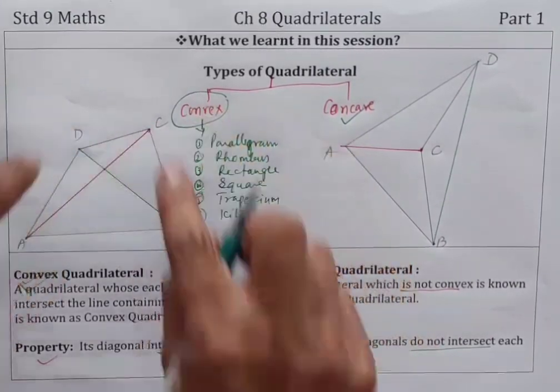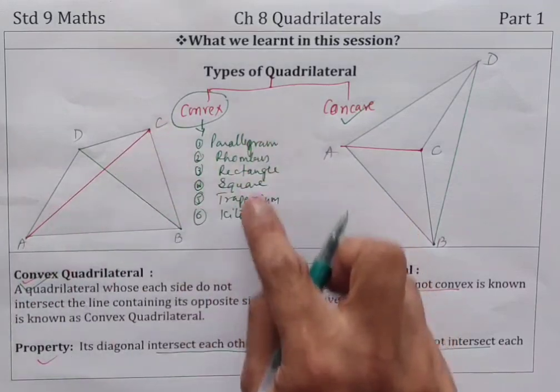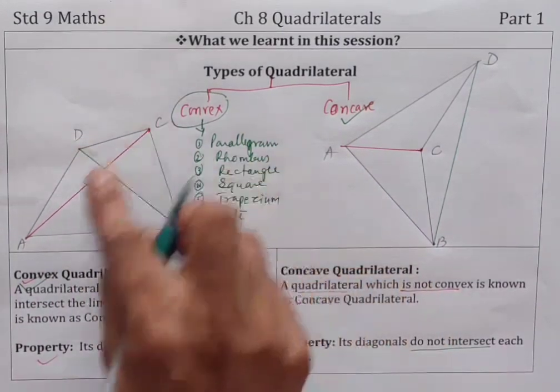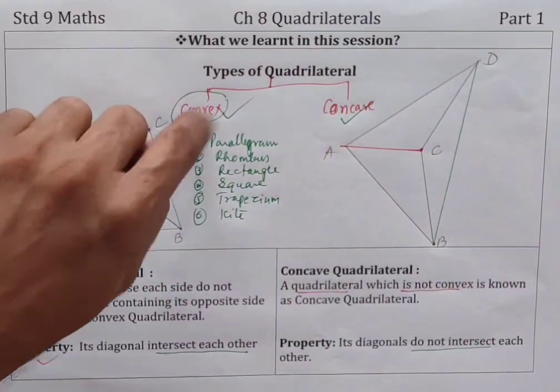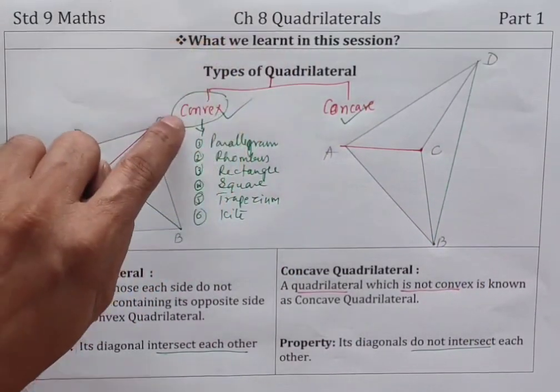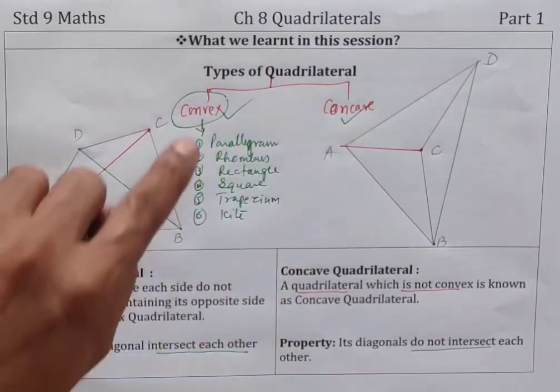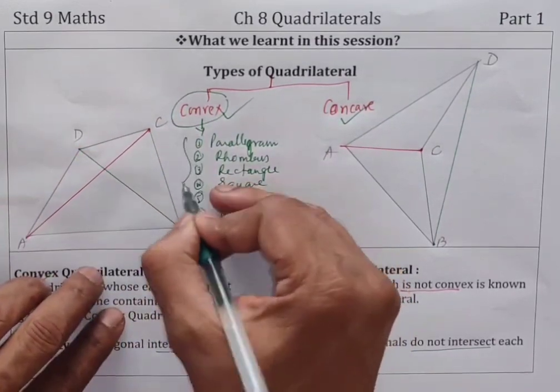These are all convex quadrilaterals. All 6 quadrilaterals' diagonals intersect. So they are all convex quadrilaterals. So see, quadrilaterals are of 2 types, convex and concave. And convex quadrilaterals are of 6 types.